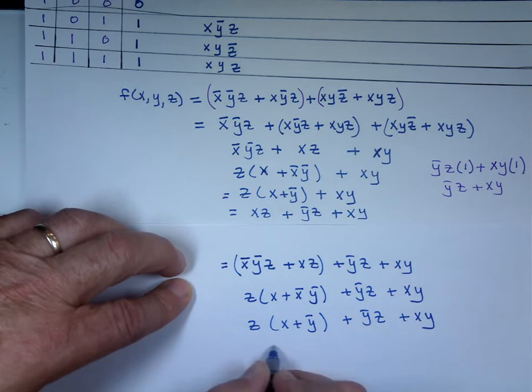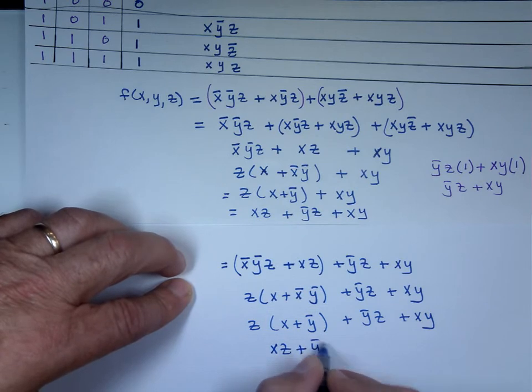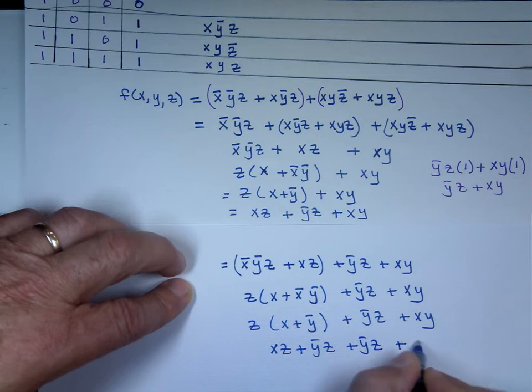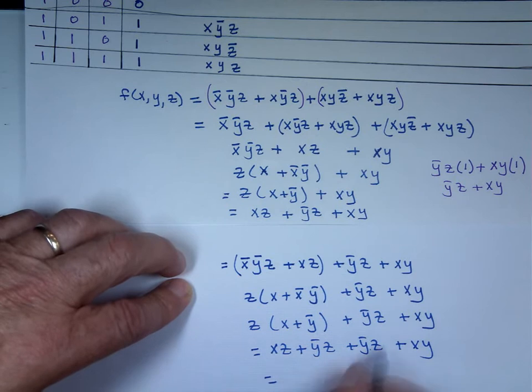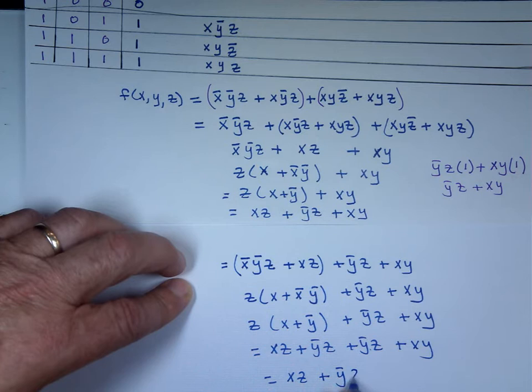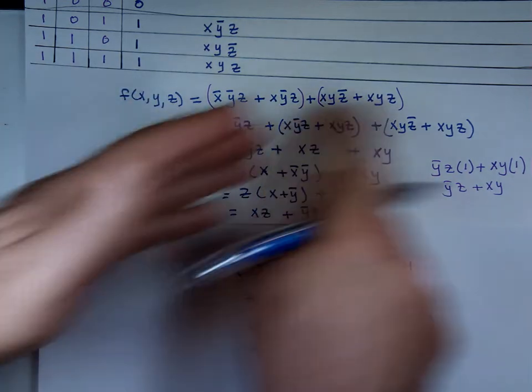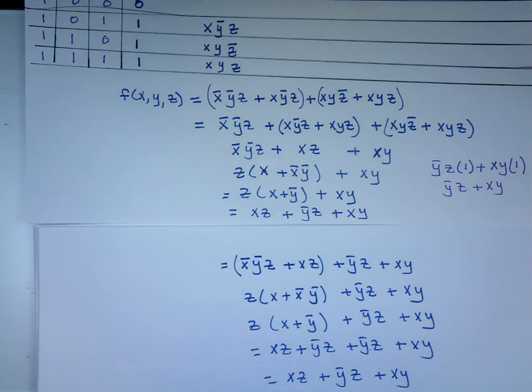Because that gave me xz plus y bar z plus y bar z plus xy. What's y bar z plus y bar z? Still y bar z, one of them. That didn't help me, so that wasn't really the best move for me. The best move was to grab the first two and the last two. That was the best move.